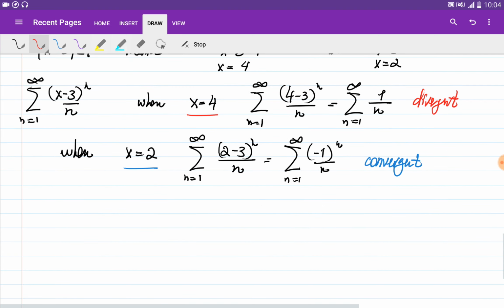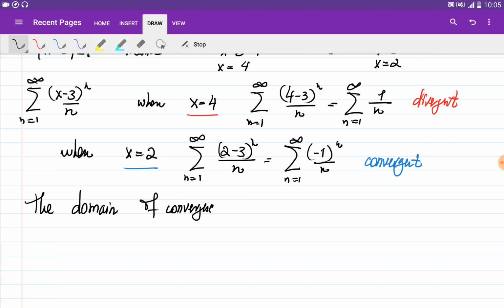So that is why we can write down the domain of convergence, the set of values for x where the series is convergent. The absolute value of x minus 3 is less than 1, and x is equal to 2.